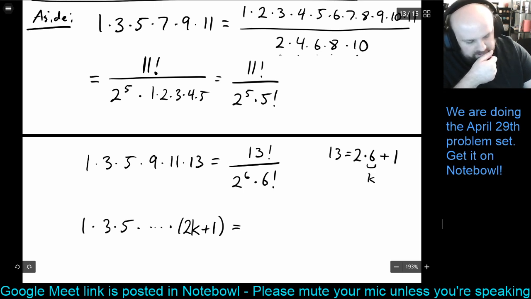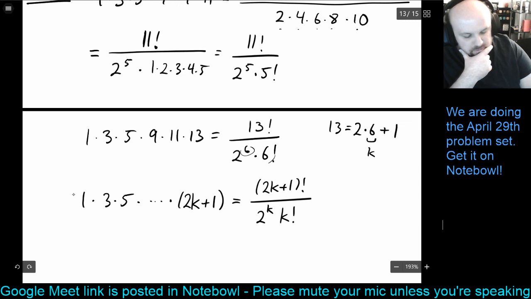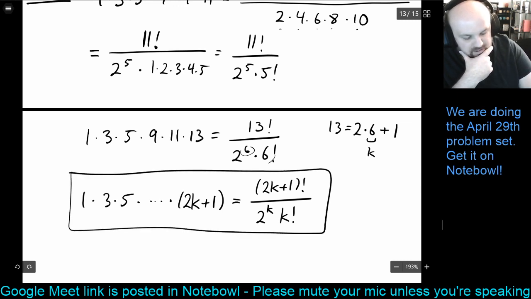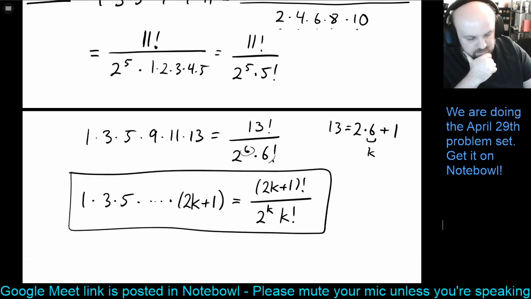So this number here is the k. This is k. So it's going to be 2k plus 1 factorial over 2 to the k, k factorial.